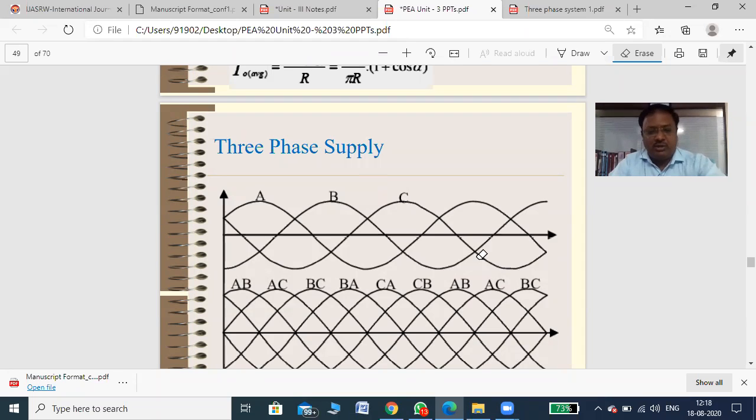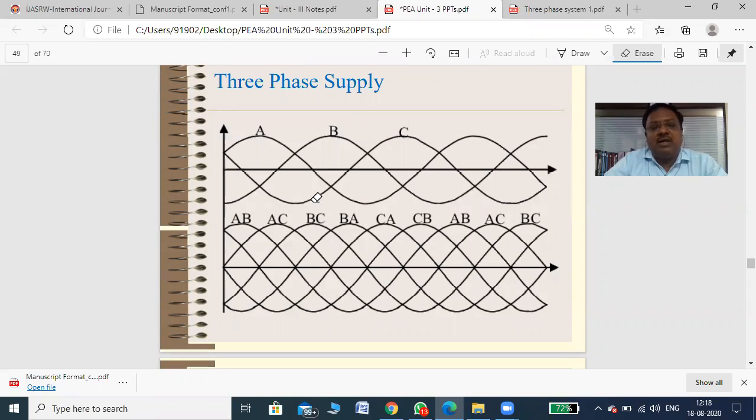In this unit, one question on the semi-converter is fixed, and one question on the full converter is also fixed, maybe a problem or sometimes an explanation. And there will be one or two questions on the three-phase supply, because your total unit consists of nine converters, right? Out of these nine converters, definitely four will be asked in the examination. If you see the syllabus, it is very simple.